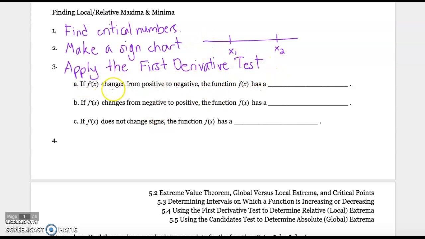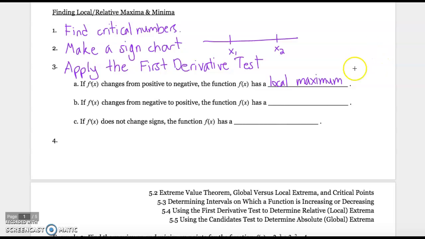So the first derivative test tells us that if your first derivative changes from positive to negative around some critical number, so let's say it was positive before this value and then negative after, our original function would have a local or relative maximum.